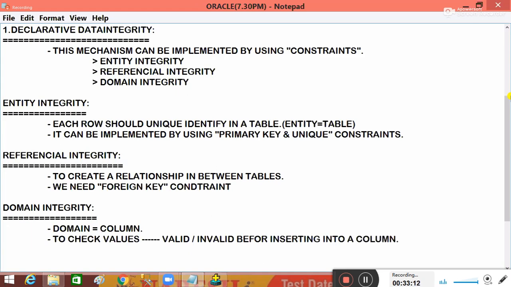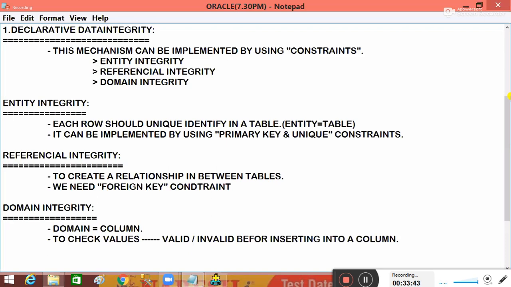Domain is nothing but a column. Every column in a table is called a domain. When a user inserts data or values into those columns, the values are verified by your system with the help of some integrity rules. If it is true, that means valid, it is accepted.